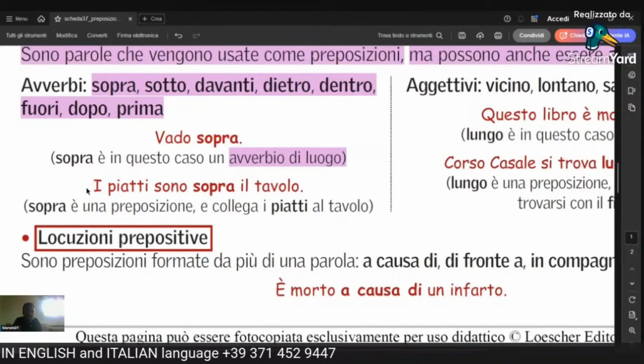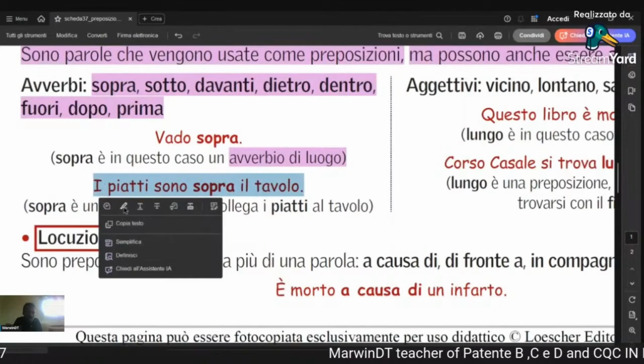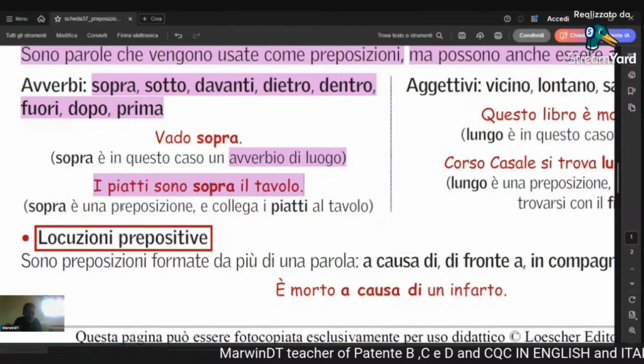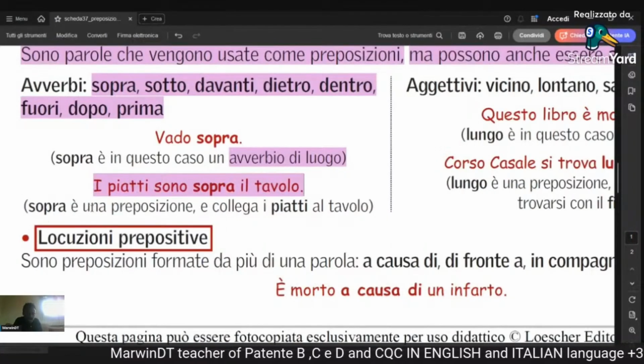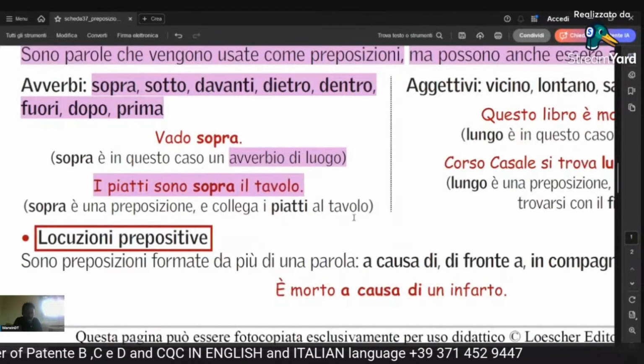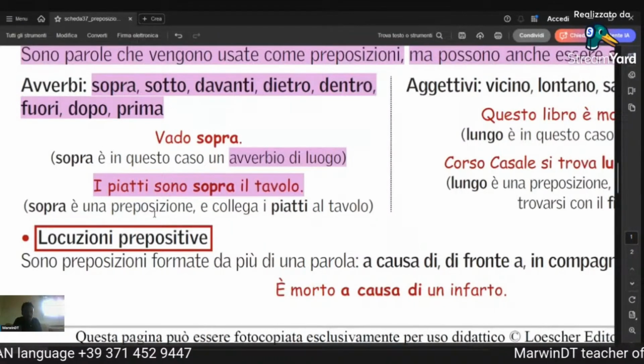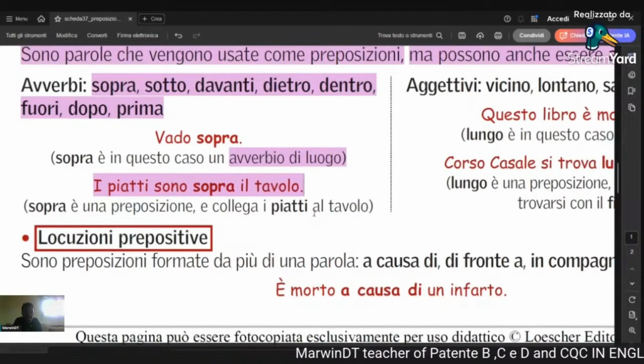Second example, i piatti sono sopra il tavolo, meaning the plates are on top of the table. So again, sopra è una preposizione e collega i piatti al tavolo, meaning sopra, which is on top, is a preposition that connects the plates with the table.